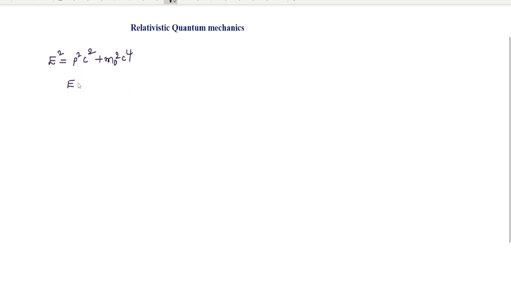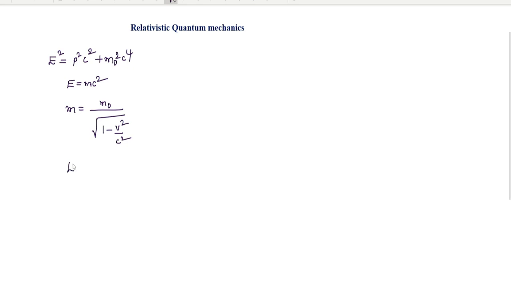So energy E is equal to mc square, the Einstein mass energy relation, where m is m naught divided by root of 1 minus v square divided by c square. So substitute this value here.